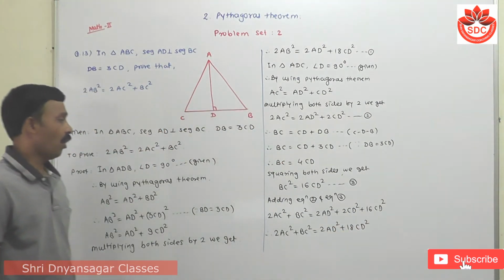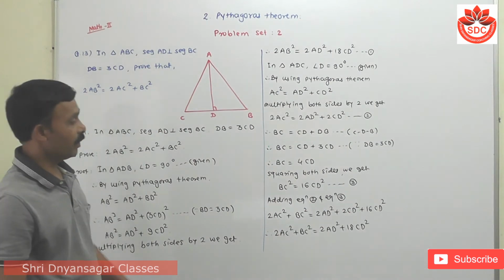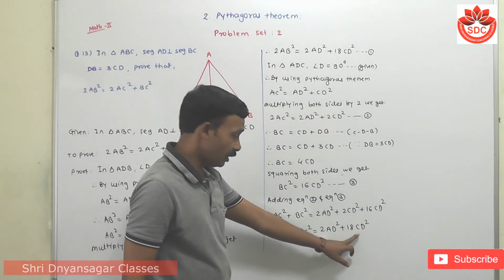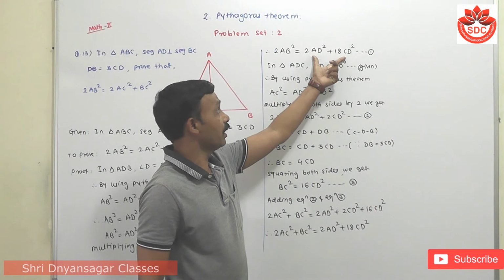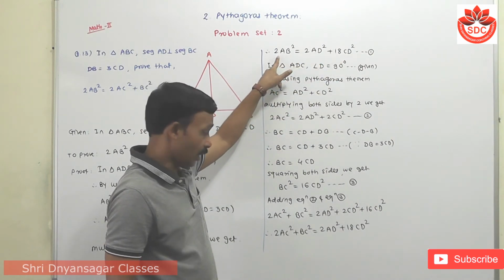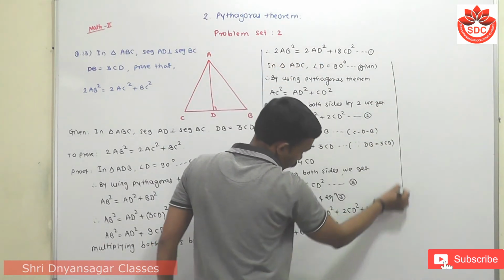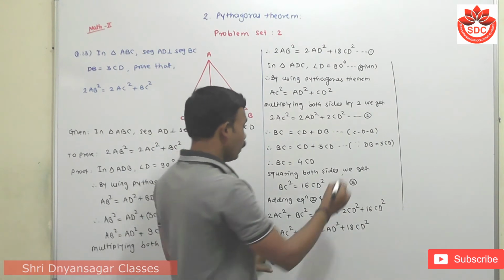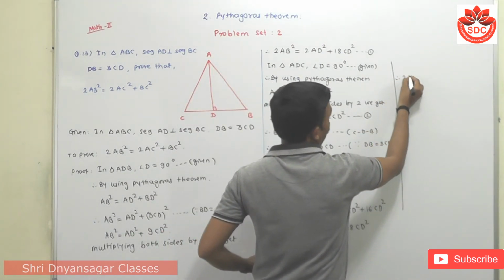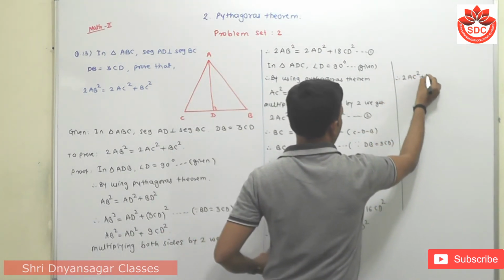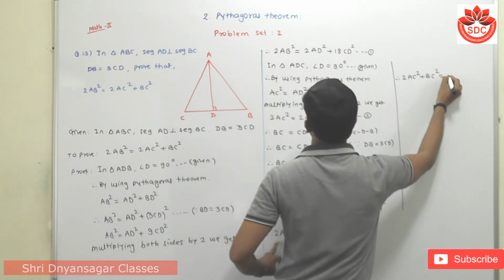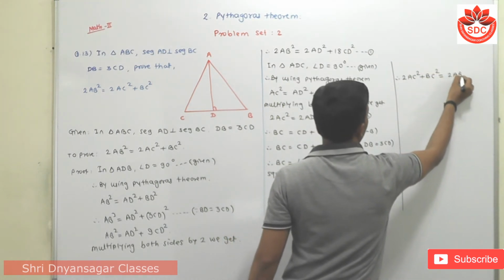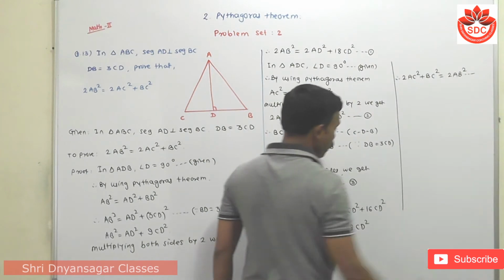Observe carefully, from equation number first, twice AD square plus 18CD square is equal to twice AB square. So I have to substitute this value again. Therefore, twice AC square plus BC square is equal to twice AB square.